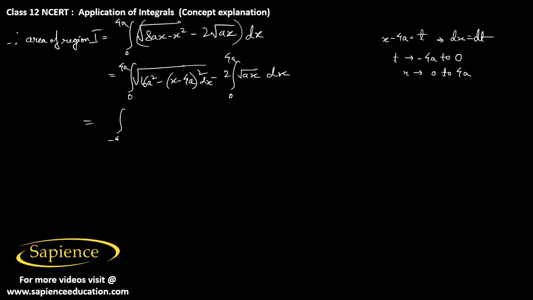So this will be the integral from minus 4a to 0 of root over 16a square minus t square dt. Then minus, 2 root a is a constant, so it will come outside, so root x dx, that is going from 0 to 4a.